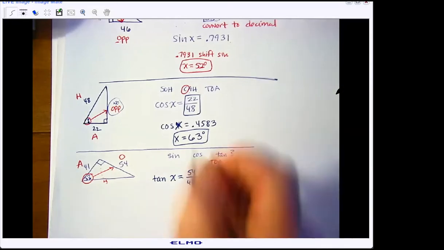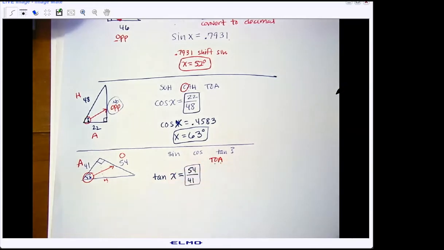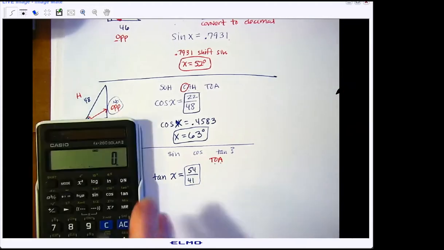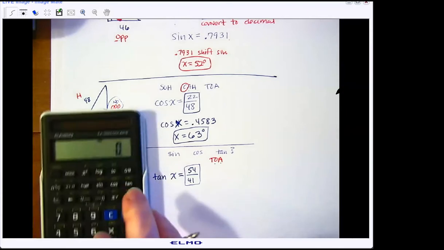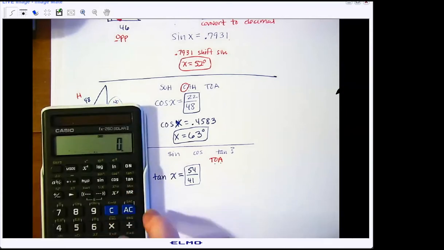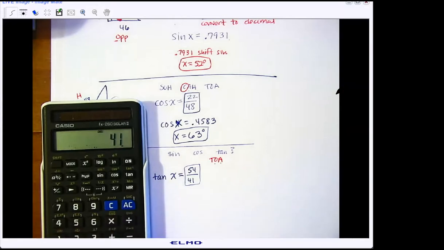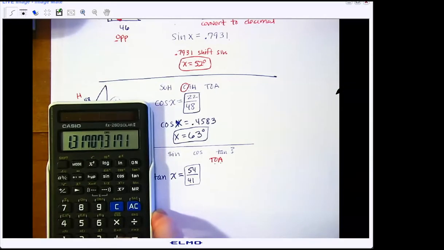Putting this into our calculator, let's convert it to a decimal. It'll be bigger than 1 because the bigger number's on top. That's okay. Tangent usually has that sometimes. So we've got 54 divided by 41 equals 1.317.